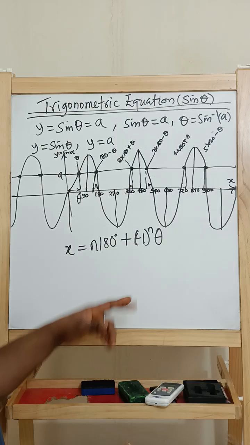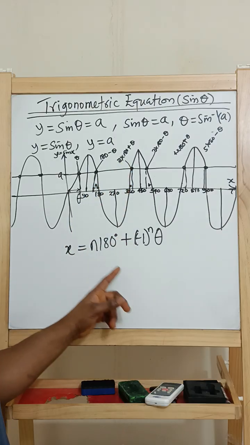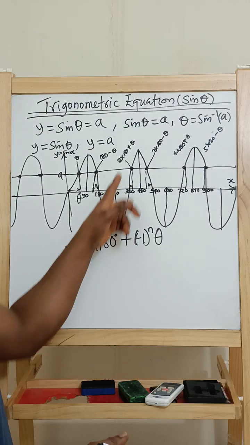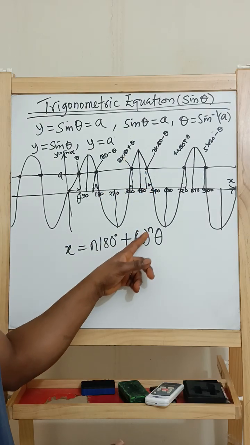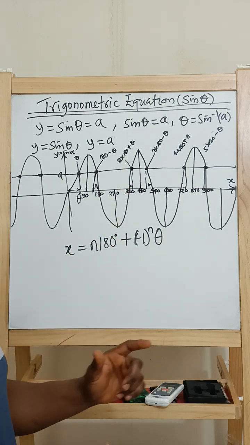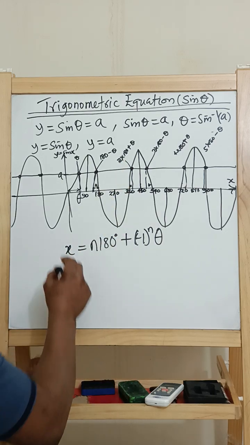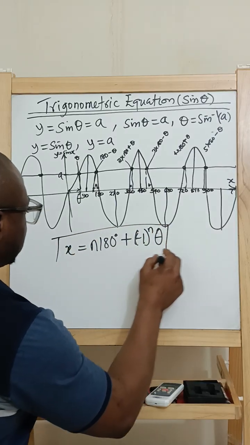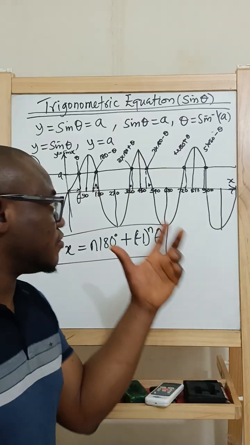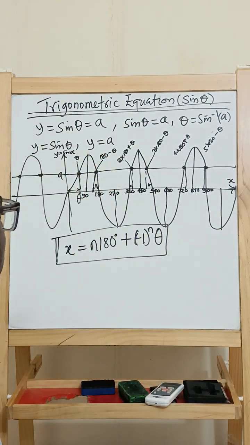You can see it's representing it. When n is 2, 2 times 180, which is what we have there, then this is going to be plus theta. So it's representing what is here. This is how we get the general expression for the solution of sine theta equals a.